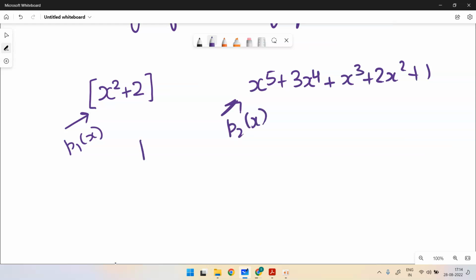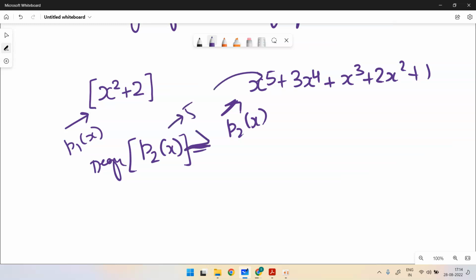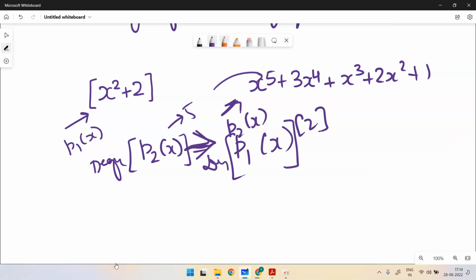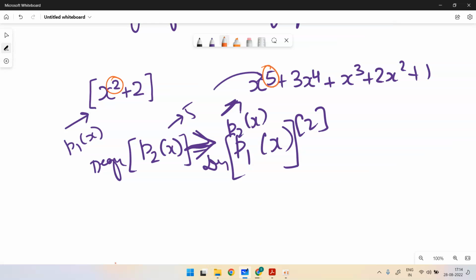Now you can see that the degree of p2(x) is 5, the maximum is 5, which is greater than the degree of p1(x), which is 2. So I can write p2 in terms of p1 into some polynomial f(x) plus g(x).